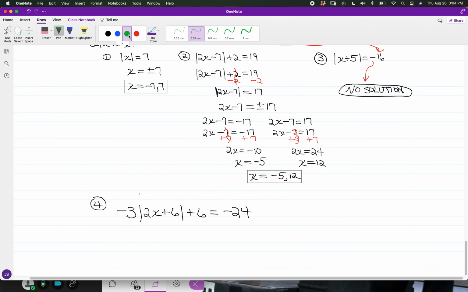Now for this particular setting, let me mention, there can be the temptation to try to distribute negative 3 over 2x plus 6.